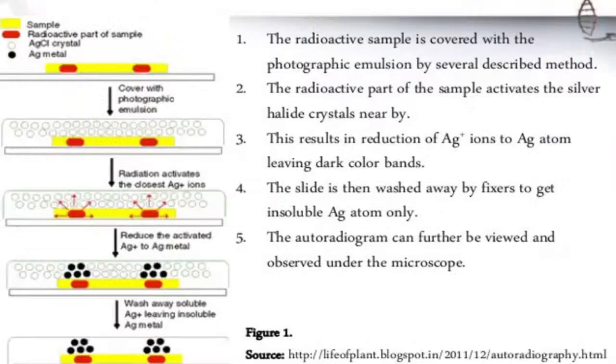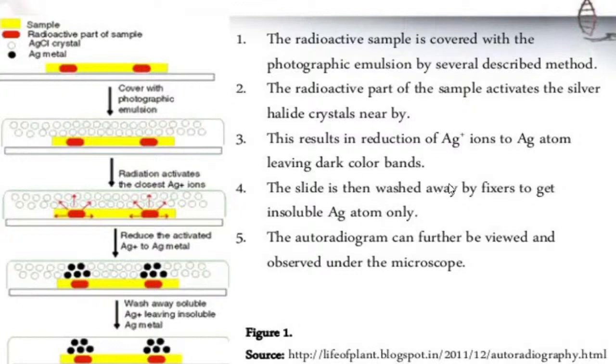Example methods are presented here. These are the steps of activation and identification of the silver molecules. The result is reduction of silver ions to silver atoms, leaving the dark color bands, and the slides are washed by fixers to leave the insoluble silver only.